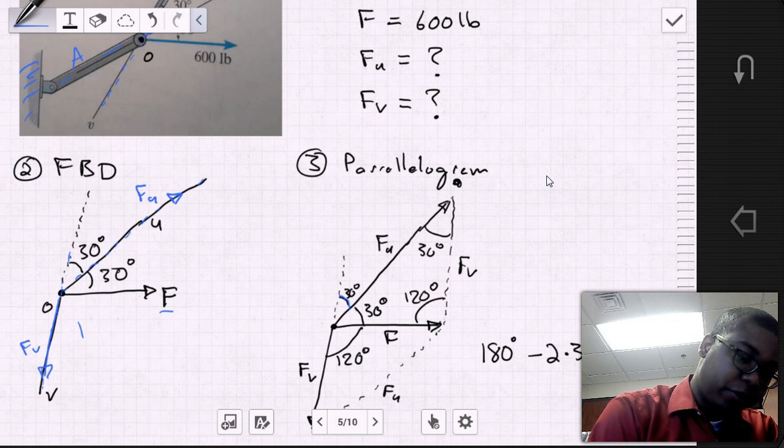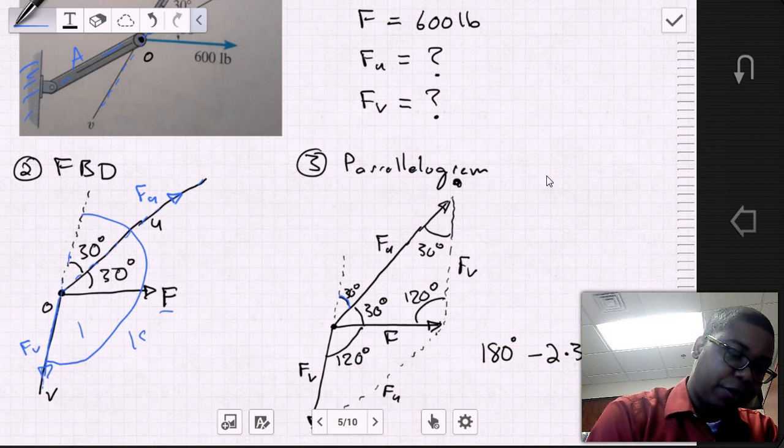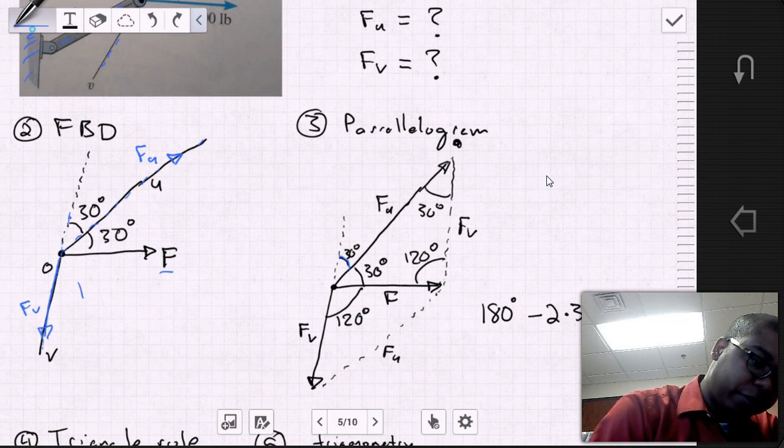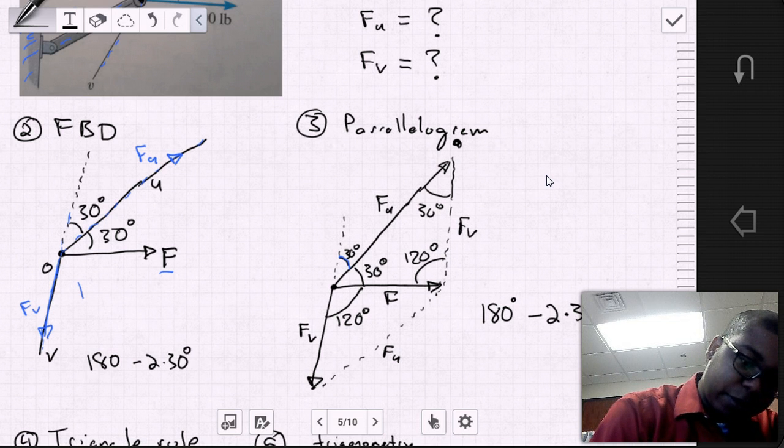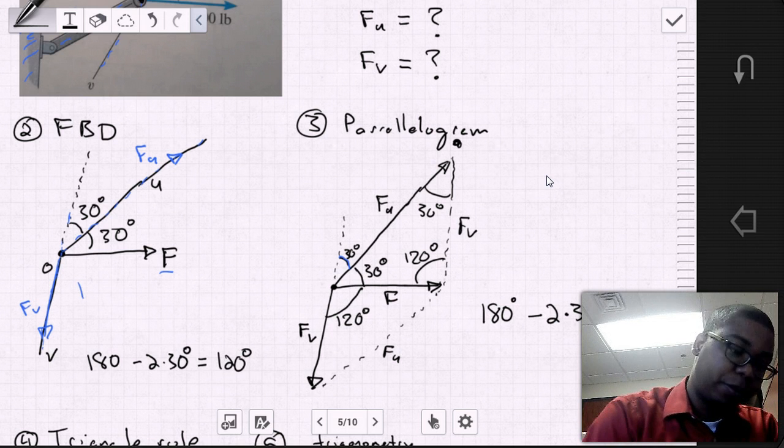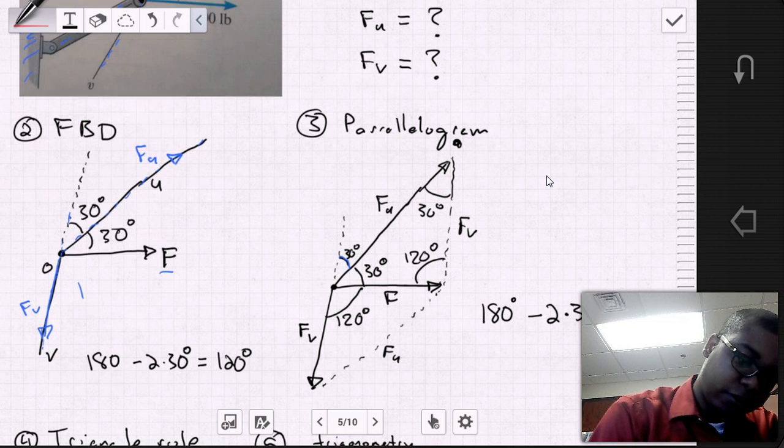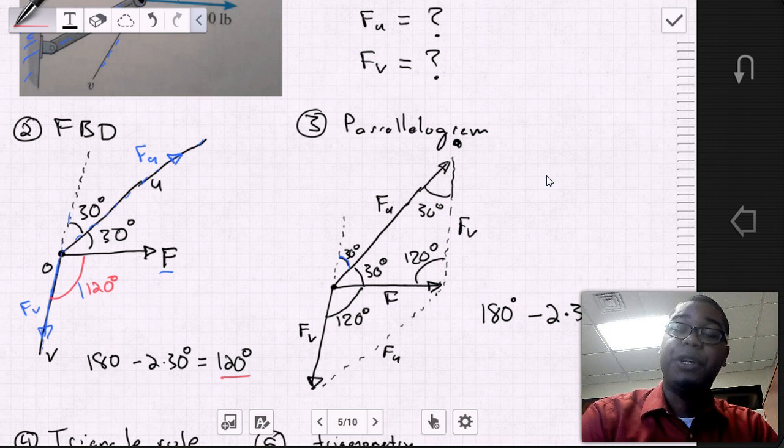So we know that in total, if we go from this point to that point, there is 180 degrees. So from that assumption, we can do a quick calculation and see that 180 minus 2 times 30 degrees is going to give us 120 degrees. So this remaining angle here is 120 degrees.